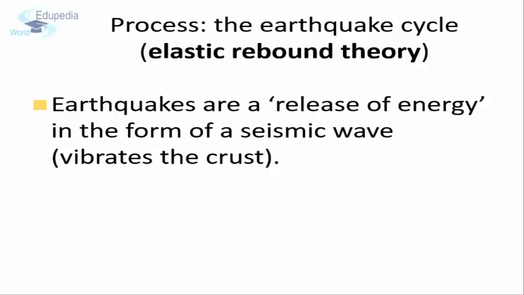In his elastic rebound theory, Reid postulated that the occurrence of faults or movement along faults is not uniform and gradual. Actually, in the interval between two earthquakes, faults are locked due to friction.